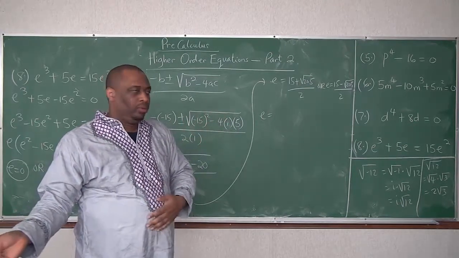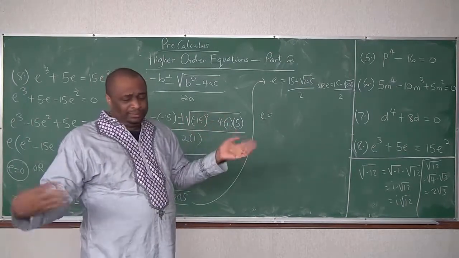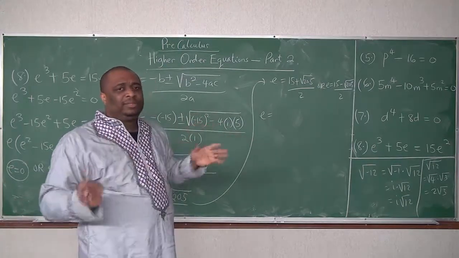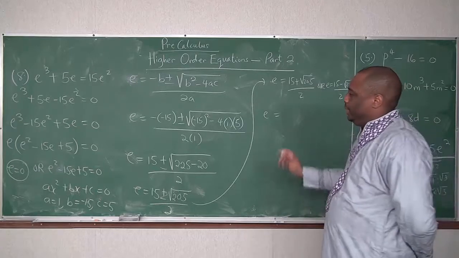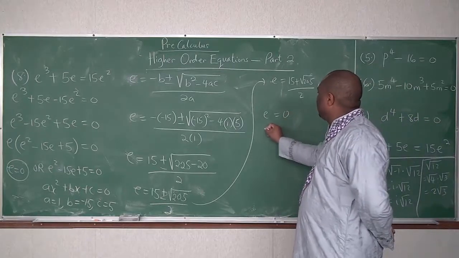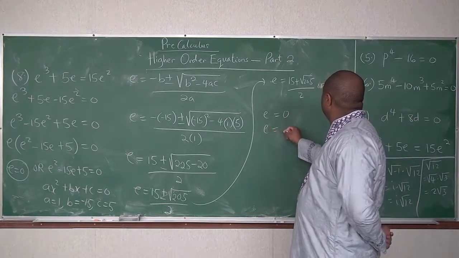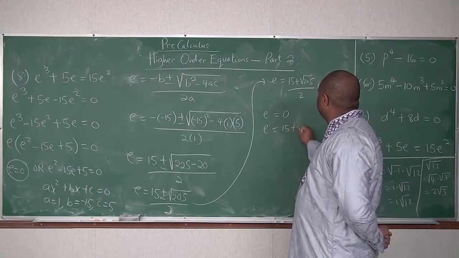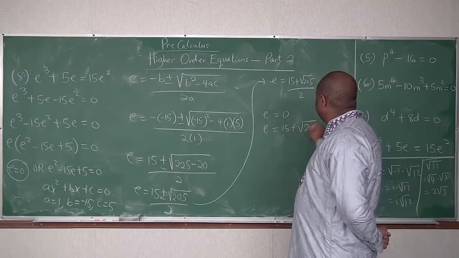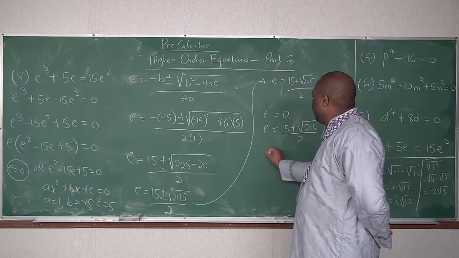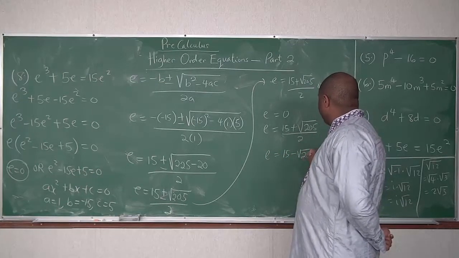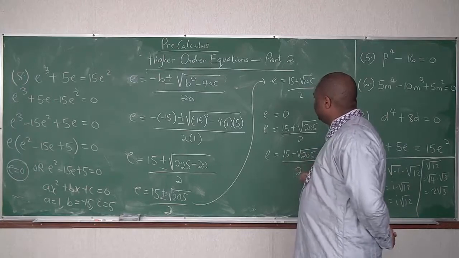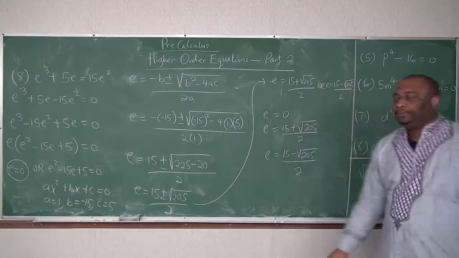We will convert it to decimal and check it that way. Our answers are E equal to 0, E equal to 15 plus square root of 205 over 2, and then E equal to 15 minus square root of 205 over 2. So this becomes our answer.